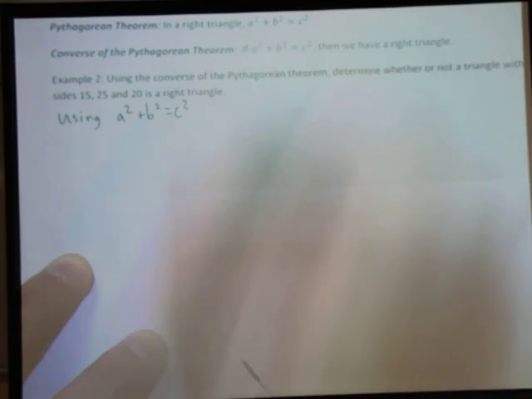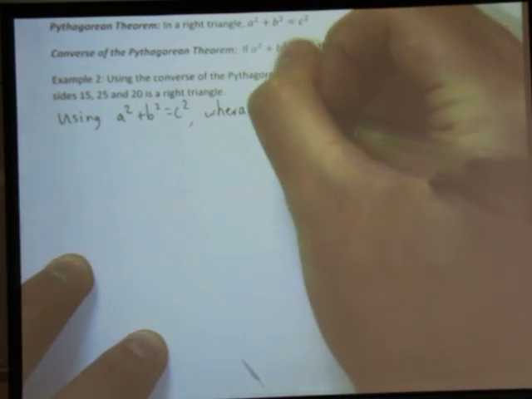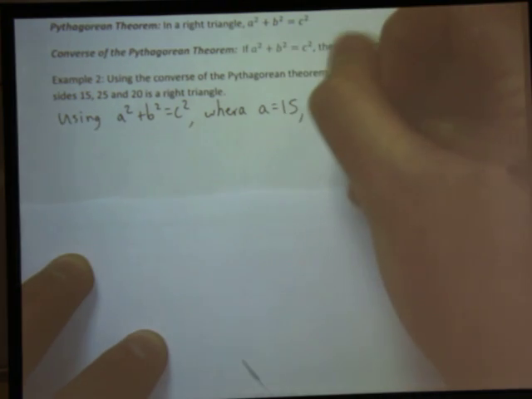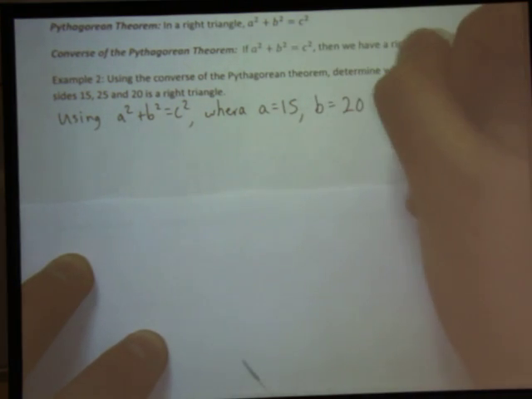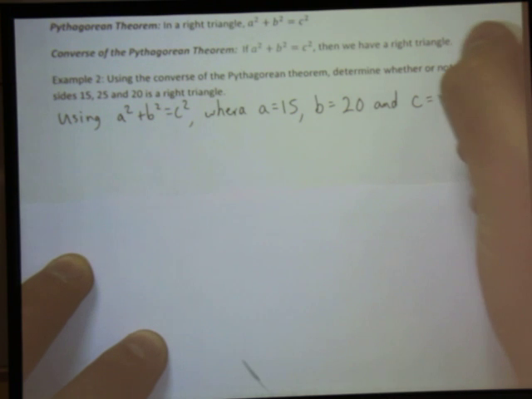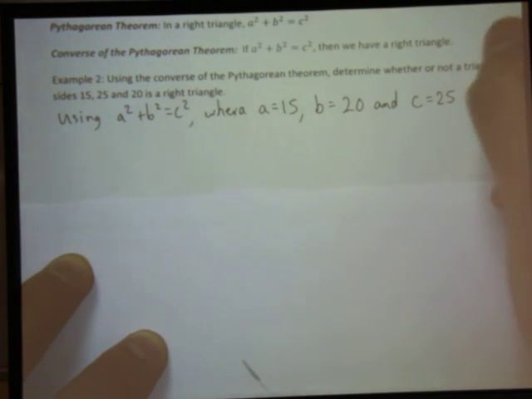Using a squared plus b squared equals c squared, we have a equal to 15, b equal to 20, and c equal to 25, where c is always my longest side.